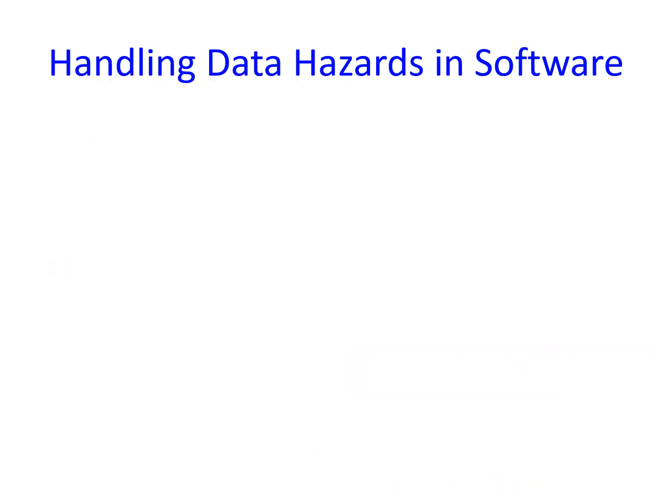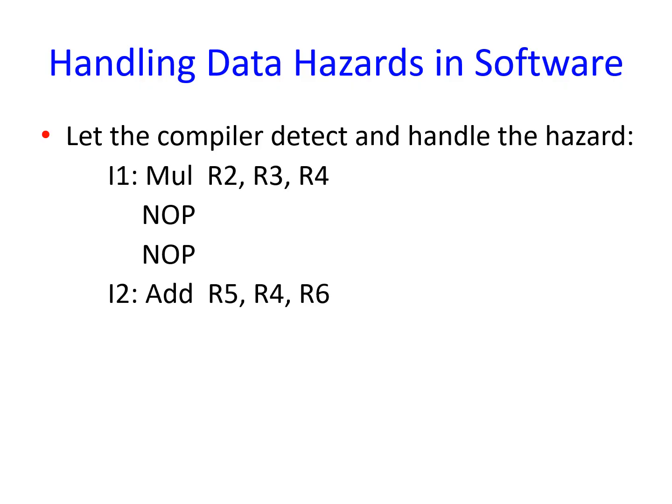The next solution is handling data hazards in software by introducing no-op instructions. So in the same example, two clock cycles are delayed, so two no-op instructions are introduced into the pipeline. This will not actually reduce the number of clock cycles, but it will have an effect as if there is no delay.